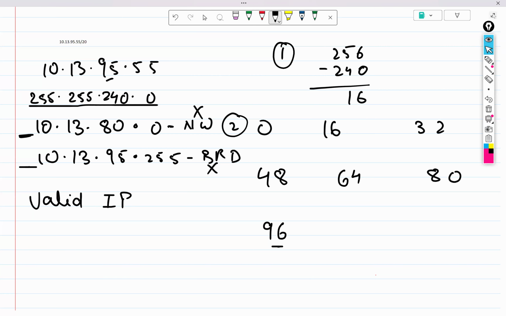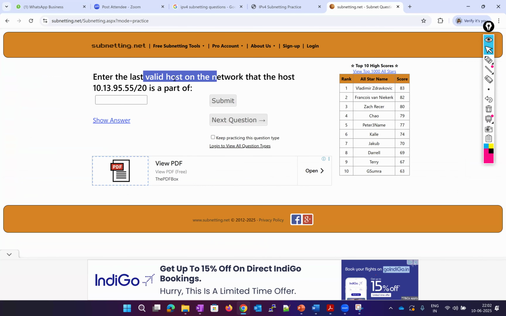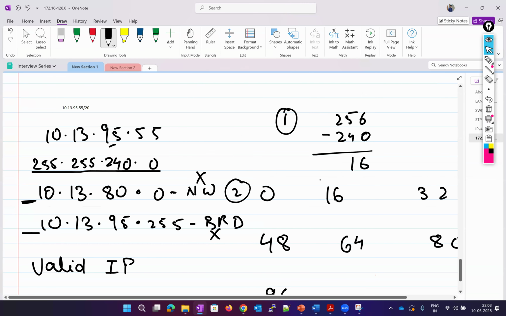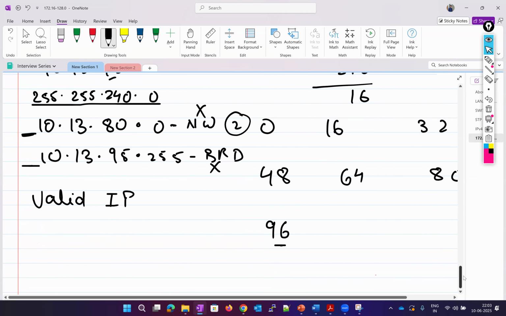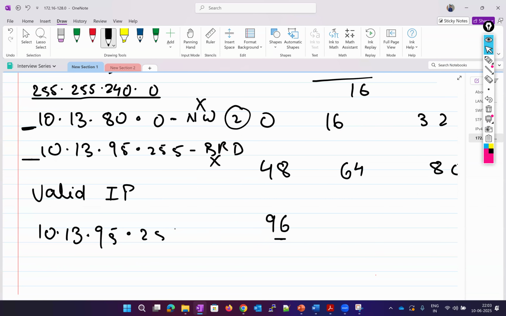That is why they are not valid. So what is the question? The question asks, what is the last valid host of this network? So what will be the last valid IP address in this network? That is going to be 10.13.95.254. This is going to be the last valid host for this IP address.